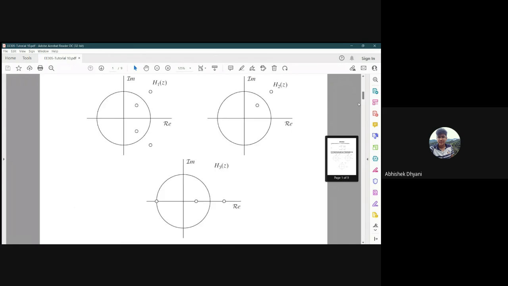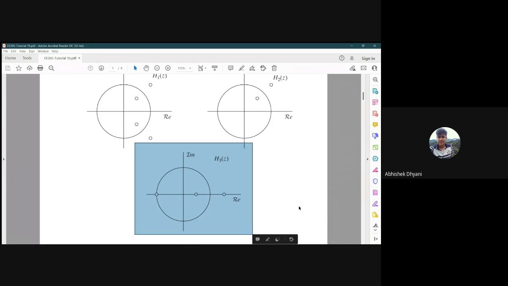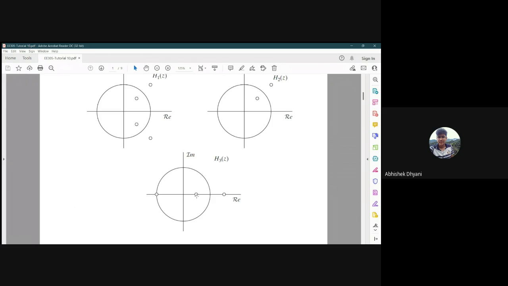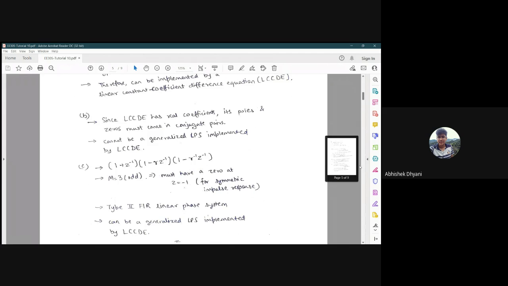And finally, we have a case where we have only real zeros. So there are three zeros. Clearly this one has a reciprocal here, and we have a zero here. So if we notice this case, first of all, the number of zeros is 3, which is odd.